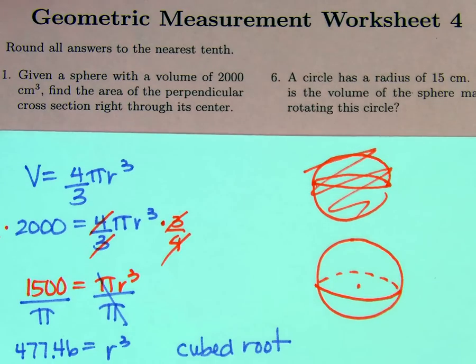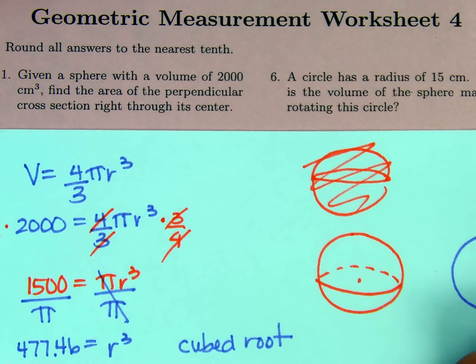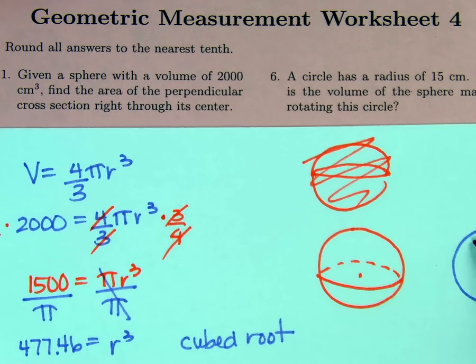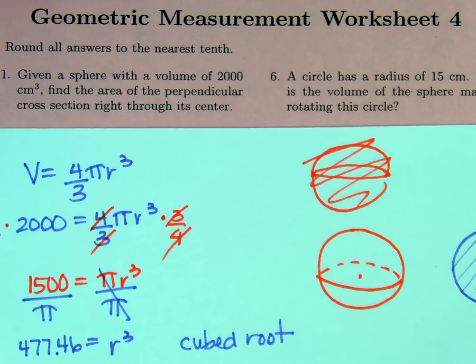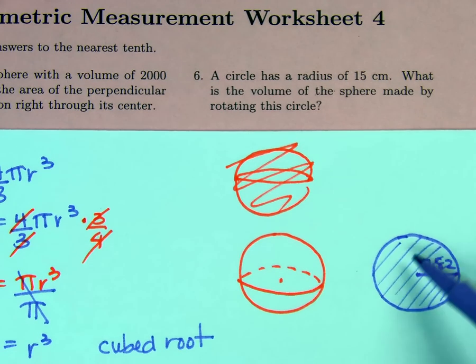So you should recognize that the cross section then would just be a circle, and it has a radius of 7.82, and it's asking for the area of the cross section. This is the cross section. So now I need to go back and figure out how to find the area of a circle.